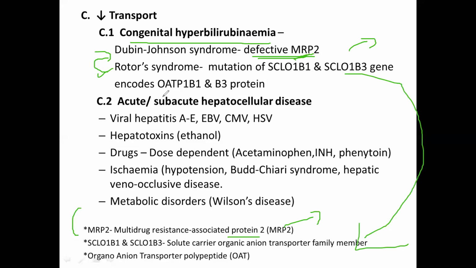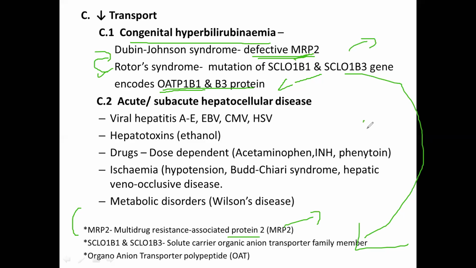These genes encode the anion transporter proteins OATP1B1 and OATP1B3. These are the proteins involved in the transport of bilirubin from the blood to the liver. So when bilirubin is produced in the reticuloendothelial cells, it is transported to the liver.